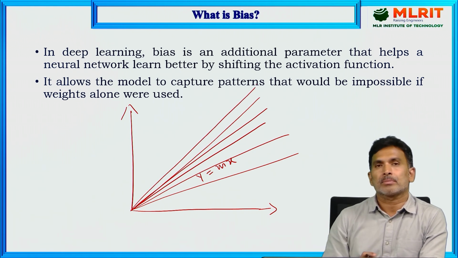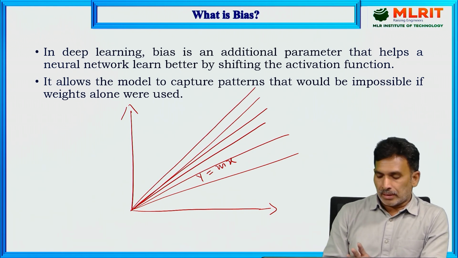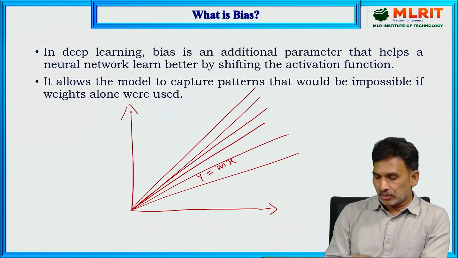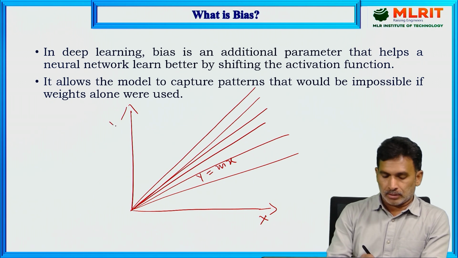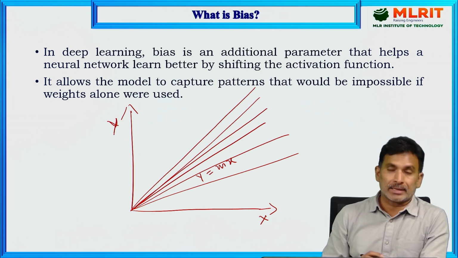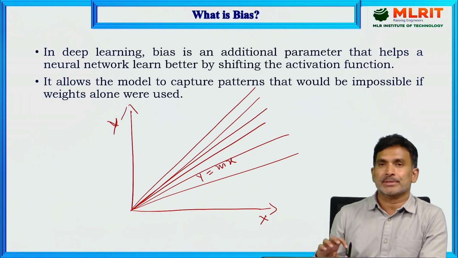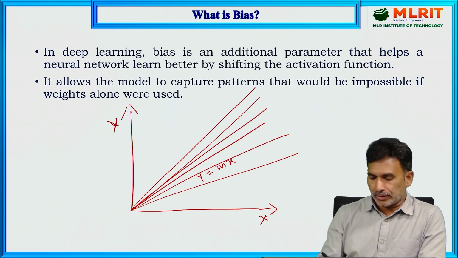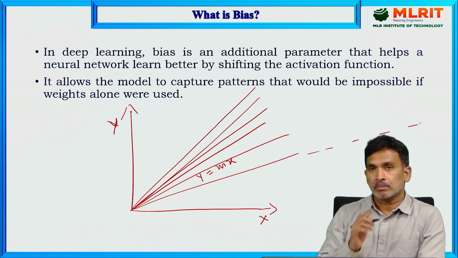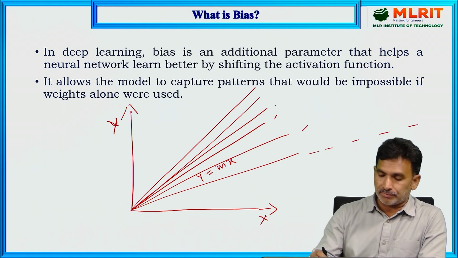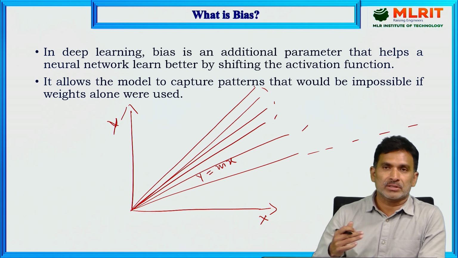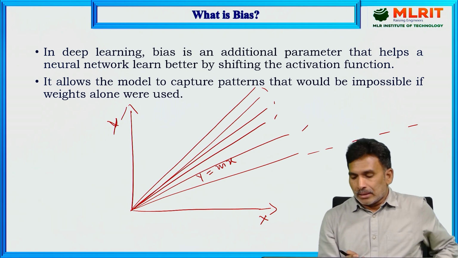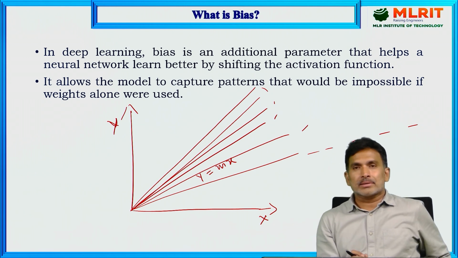This is the way we allow this regression to learn the relationship between, suppose, x and y. If you want to capture the relationship between these variables x and y, this is the way, by changing the slope only. Like if you change the x value, it will keep on extending like this, but if you change the slope, we'll get different lines with different slopes. So this is the way, but its learning is still limited.